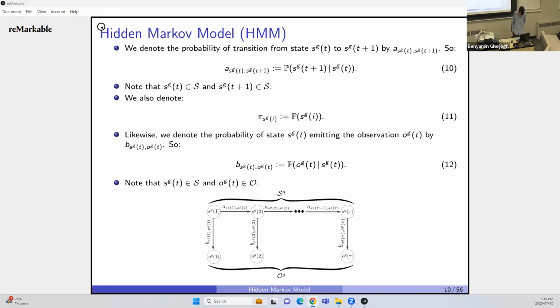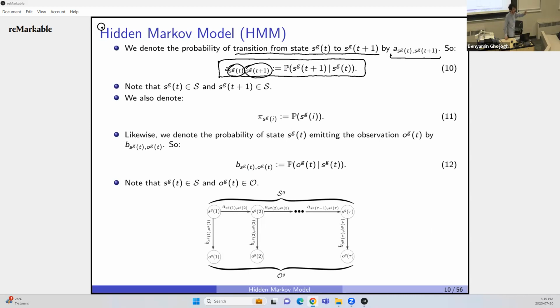Okay, we denote the probability of transition from state SGt to SGt plus 1 by this. This is according to the definition of matrix A. It makes sense, right? A of SGt and SGt plus 1. Why can I write it in this way?